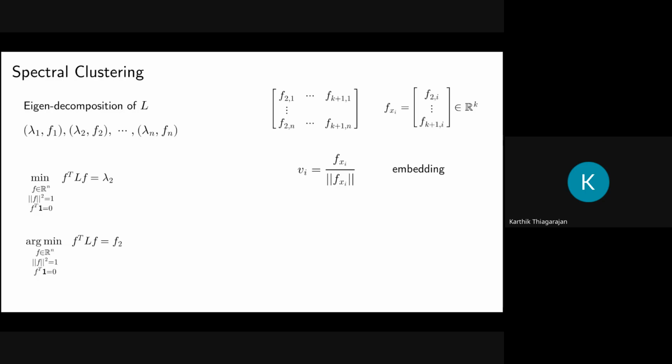So this gives you a representation of the data point in some other space, which hopefully captures some structure, right? So this is like v1 to vn, all of them are in R^k, and they are all normalized to 1. So you get this new data set of embeddings, and then you can run k-means on D prime.